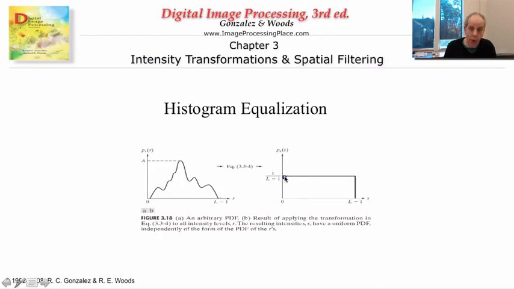So basically the probability, if we normalize the count, which is just easier, is 1 over L minus 1. That's basically the probability of a pixel having that gray value. So we want to go from this to this.